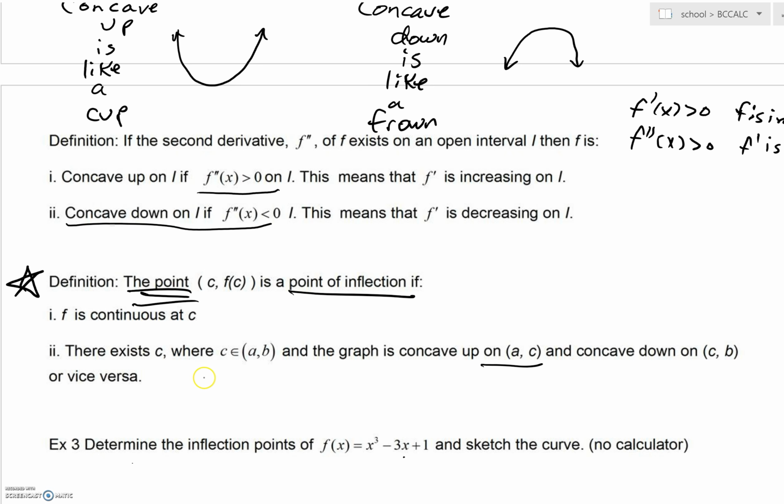In other words, concavity changes. That's really what you want to see, a change from concave up to concave down, or vice versa. As long as you get a change, f changing from concave down to concave up, or concave up to concave down, we call that point a point of inflection.